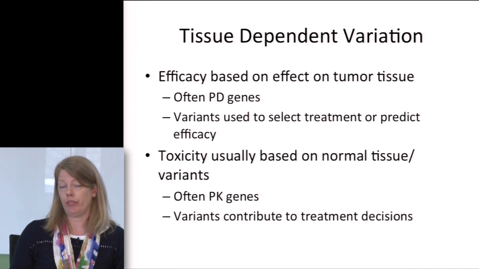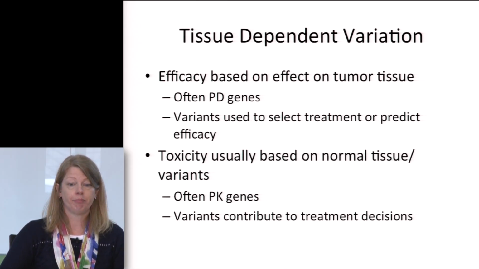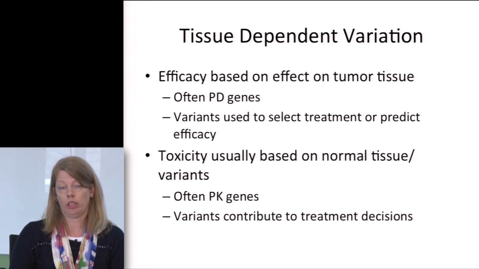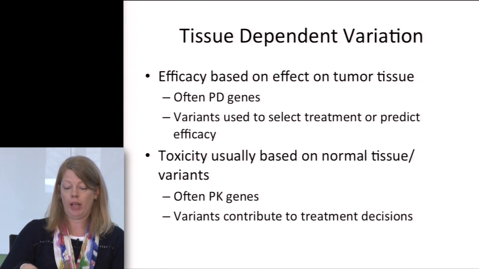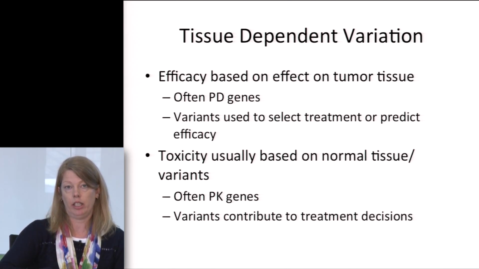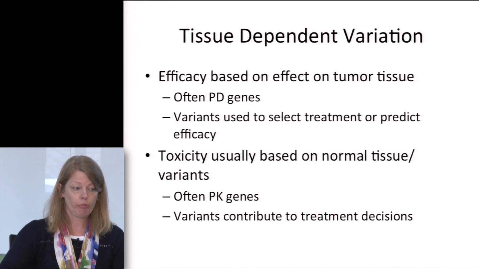The toxicity of the cancer drug is a lot of times based on normal tissue genotypes, the variants that are found in the PK genes in the normal tissue cells, in your liver cells, because you're looking at how well you can metabolize the medication and get rid of it from your body.